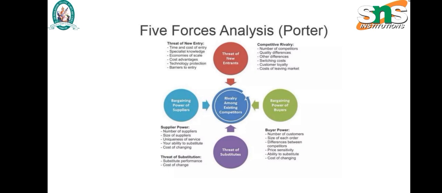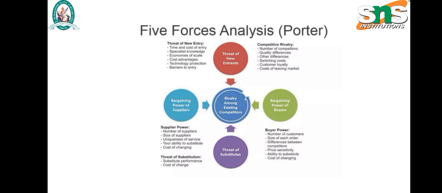If the supplier sells products having no substitutes, the supplier will have bargaining power. If it poses a threat of forward integration, and if the industry to which it supplies is not an important customer of the supplier group, then the supplier will have bargaining power.